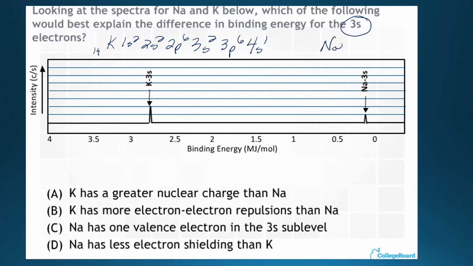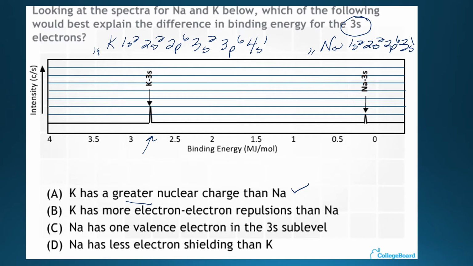Sodium, element number 11, is 1s2, 2s2, 2p6, 3s1. So why does it take so much more energy to take the 3s electrons from potassium? Your best answer is that potassium has a greater nuclear charge than sodium.